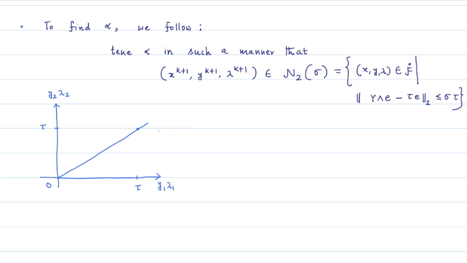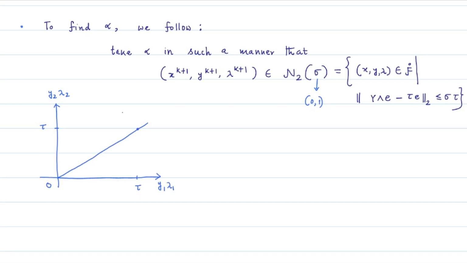Then for the given tau value, you take sigma times tau, where sigma is some number in between 0 and 1. So in this inequality, we get a circular region whose center is this tau e, that means this point tau, tau, this particular coordinate, and having radius sigma times tau.